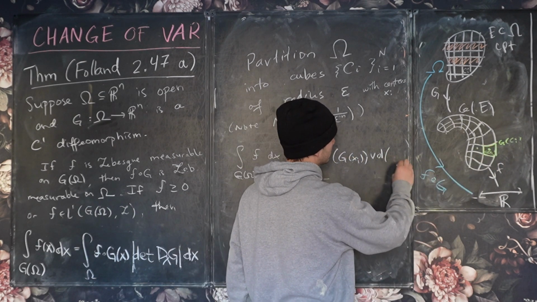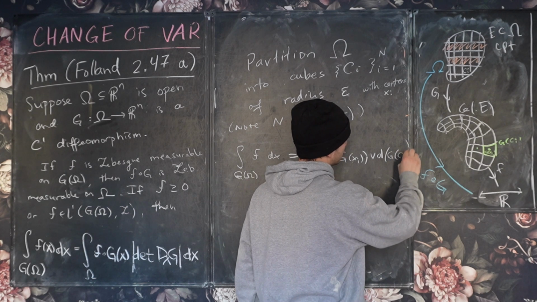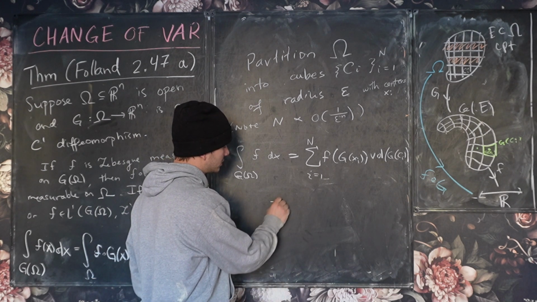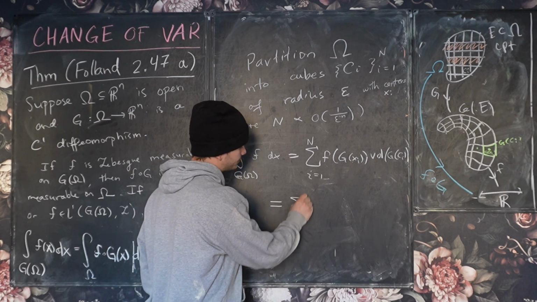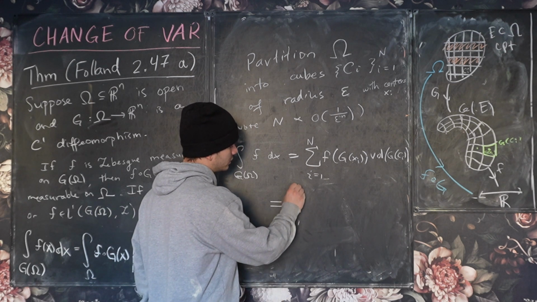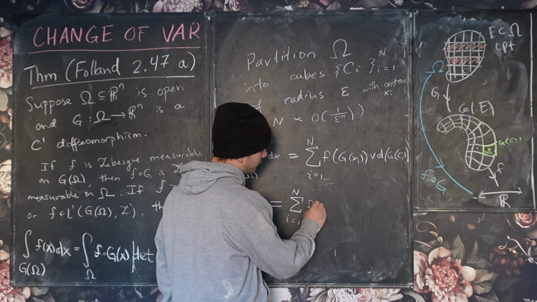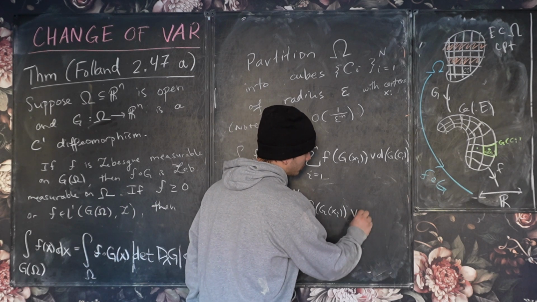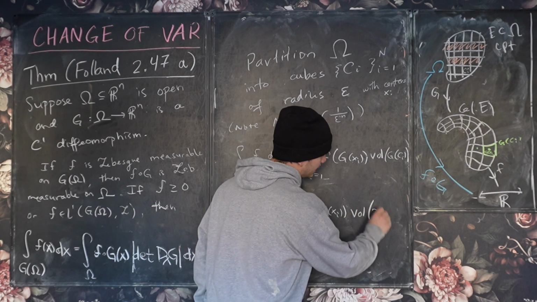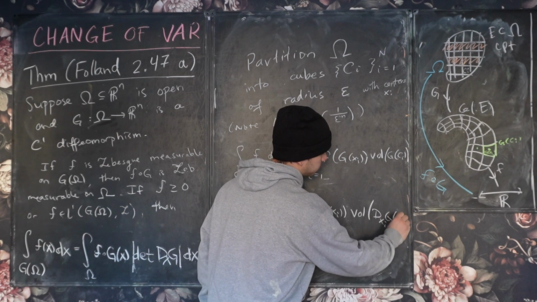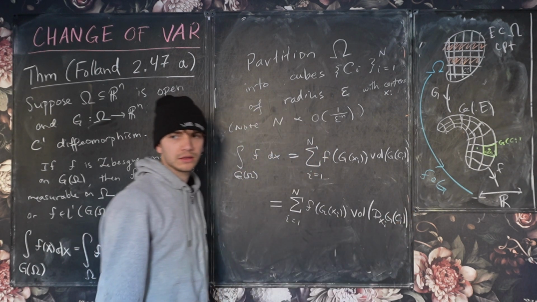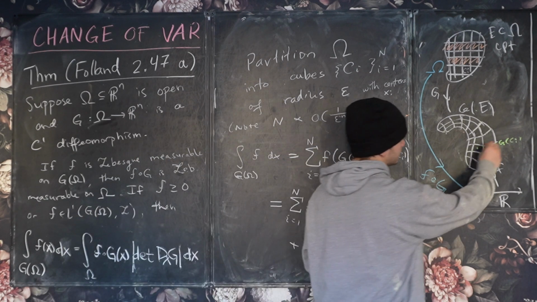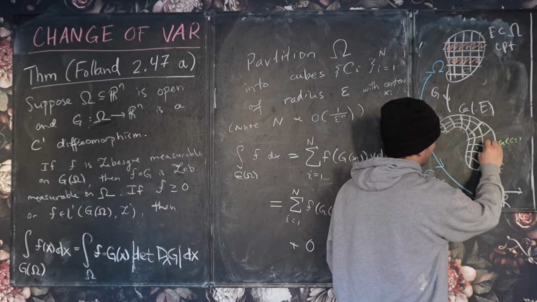So that's the volume of g of c_i. Now, this is equal to the sum from i equals 1 to n of f of g of x_i times the volume of d_{x_i}g applied to c_i, plus our error in this approximation of this region by a parallelepiped.